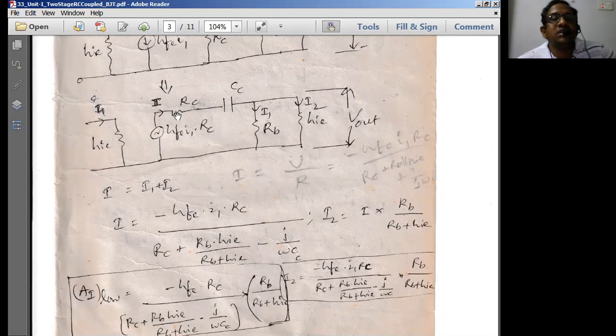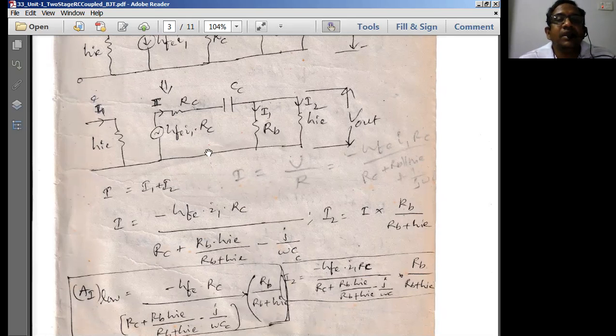Therefore, what is I? I is equal to voltage by resistance. What is the voltage we have? Voltage is nothing but HFE I1 into RC, whole by total resistance. This current is going in the opposite direction than IC, so we have taken this as minus.